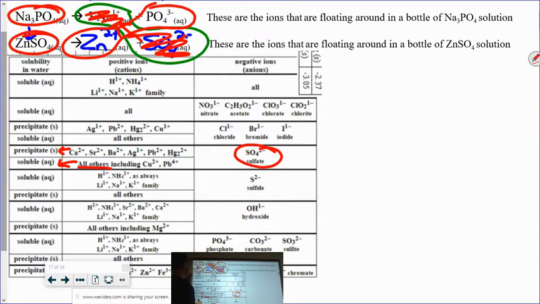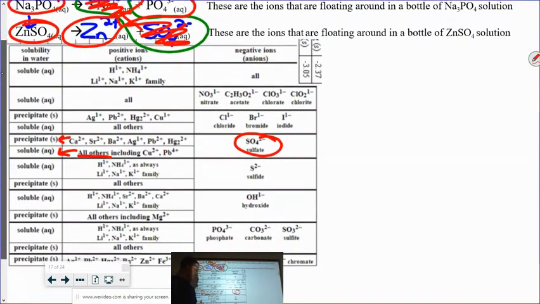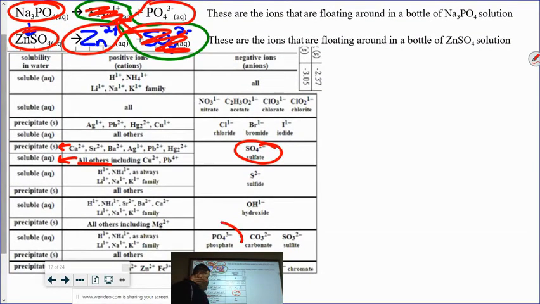So now let's go down to phosphate and zinc, which is our other choice. So we find phosphate right down here. And we go over here and it says hydrogen, ammonia, lithium, sodium, potassium family. All of those are soluble, meaning it stays as a liquid. But we're mixing phosphate with zinc.